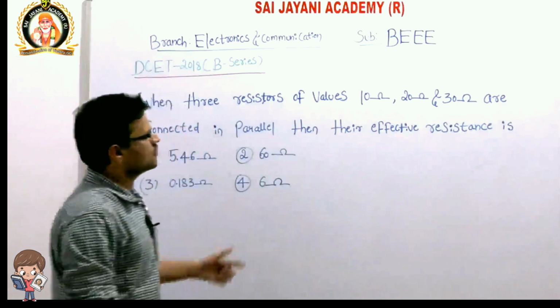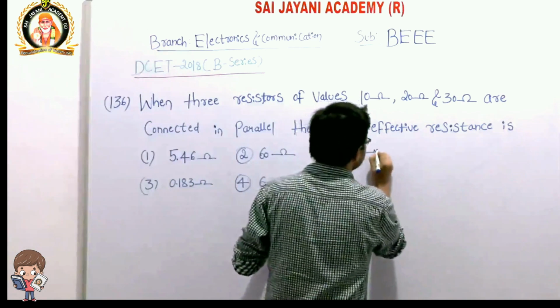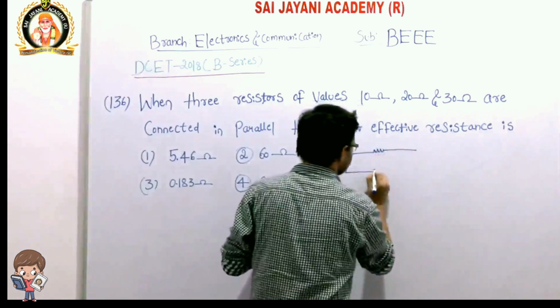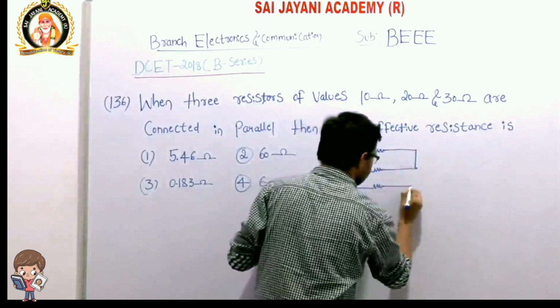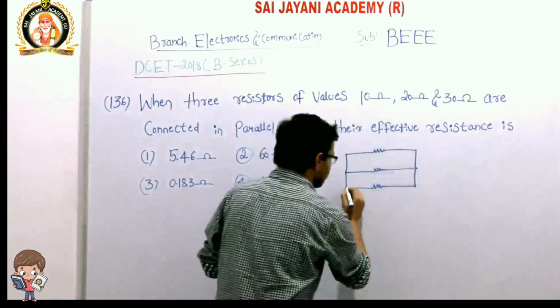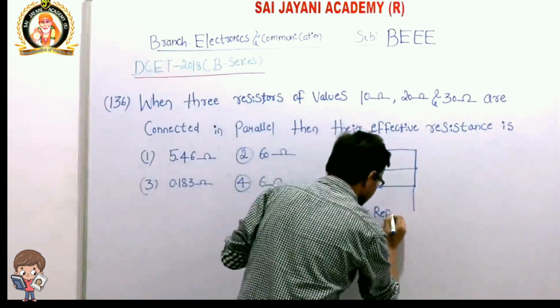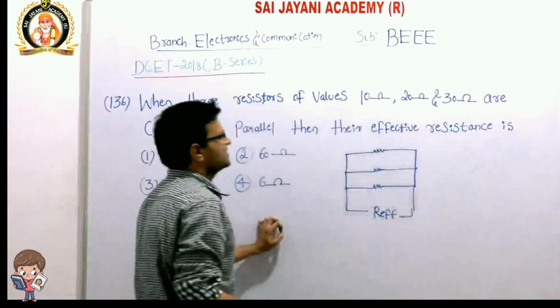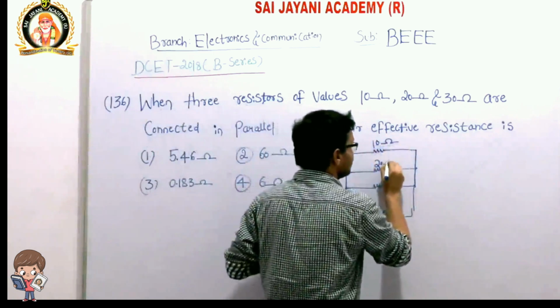From the question, we have to connect three resistances in parallel, that is 10 ohm, 20 ohm and 30 ohm.